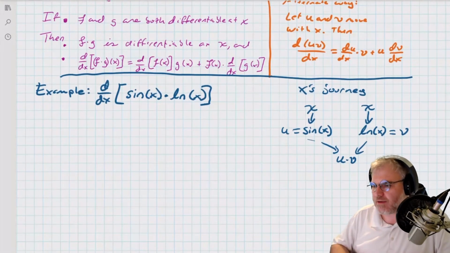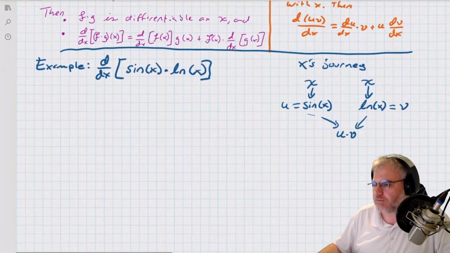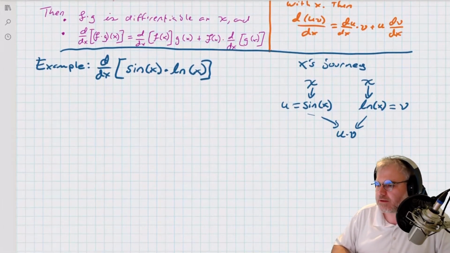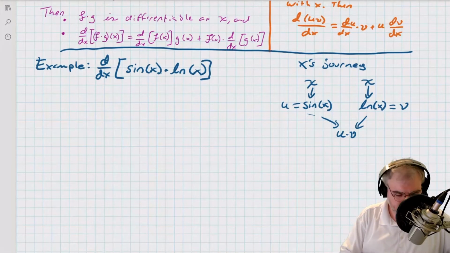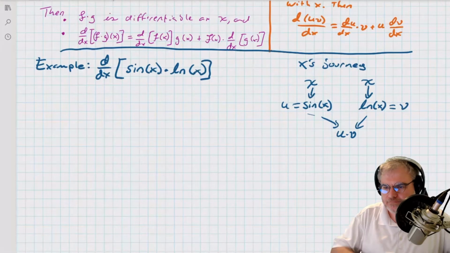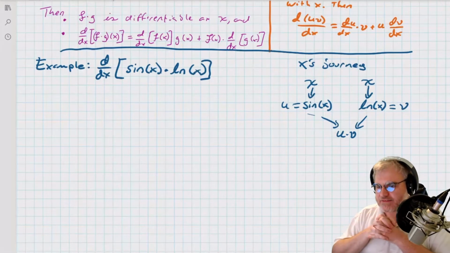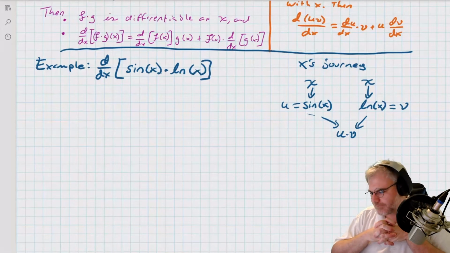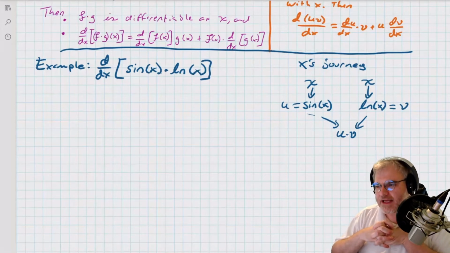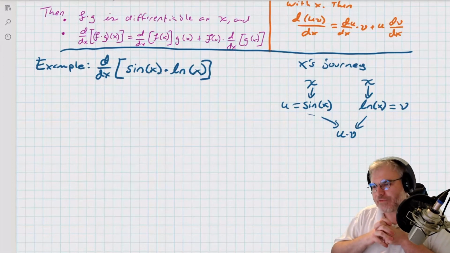So how do we feel about that, one to five? All three people that are viewing this, probably including my TA. So one to five, how do we feel about that, the journey of x? How do you feel about it, TA, since you seem to be the only person that's actually watching live?